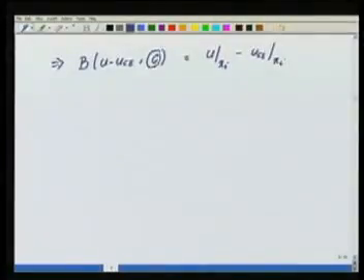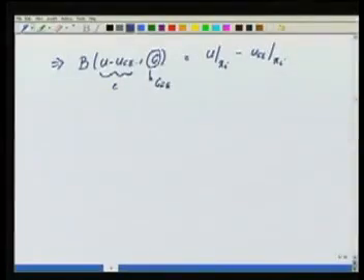But this G can be replaced by the G_FE, and using the orthogonality of the error, because this is the error, this side is equal to 0, which means that this difference is equal to 0, which means that the finite element solution at the node is equal to the exact solution at the node.